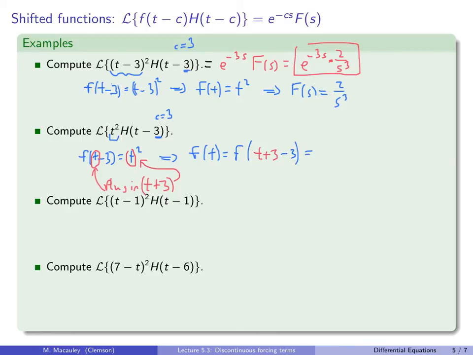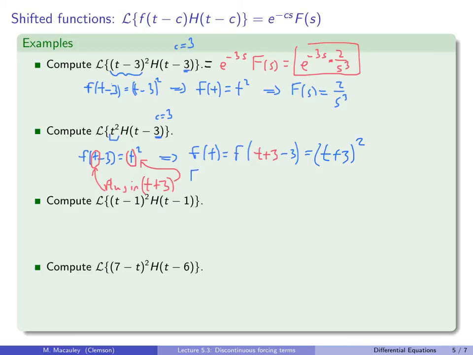So that's certainly f of t, right? And now let's plug in t plus 3 in here. If I do that, I get (t plus 3) squared, and that's f of t. Now maybe you did this in your head before I got here, but there are going to be ones where you won't be able to do this in your head, and this will be a neat trick.